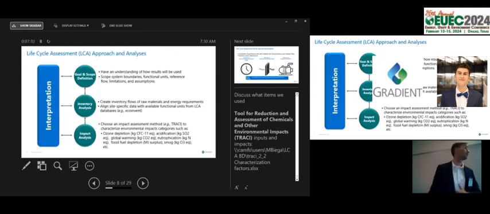So, stepping through what is recommended by the ISO series for lifecycle assessment, the first step is to set your goals and to scope a lifecycle assessment, which seems kind of obvious as a first step.